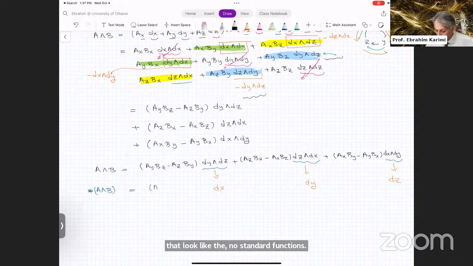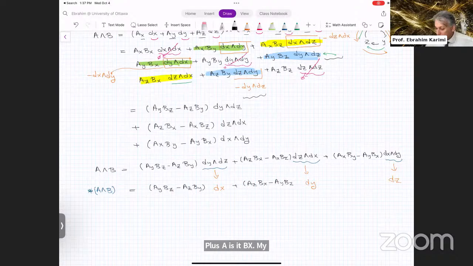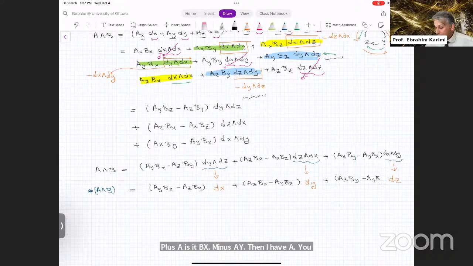So the star of these will be AyBz minus AzBy plus AzBx minus AxBz, then I have AxBy minus AyBx.